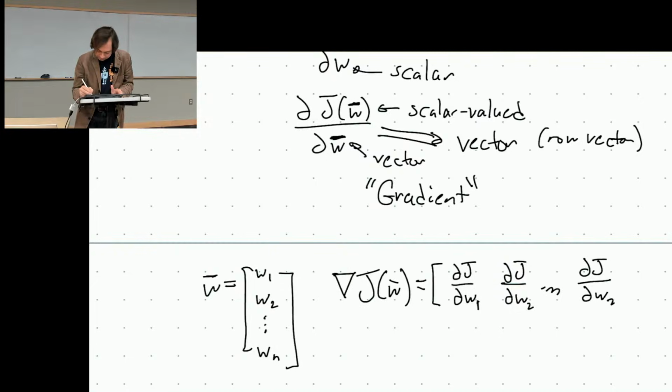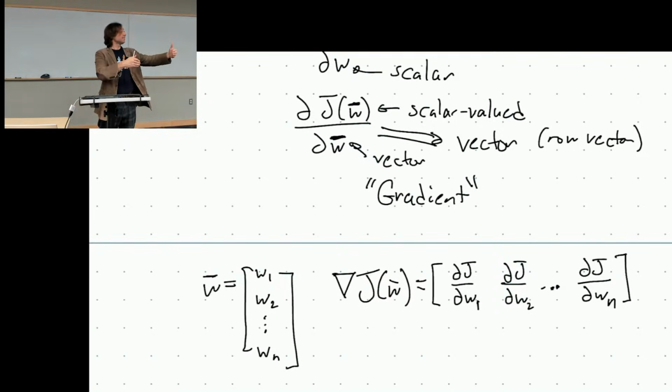This is an ellipsis. That's in wn, not w2, wn. Okay? Yes? Those are multiplied, added? Those are spaced apart in a vector.